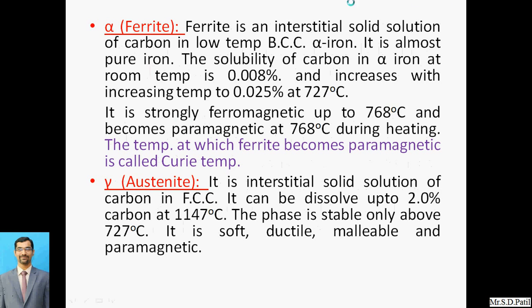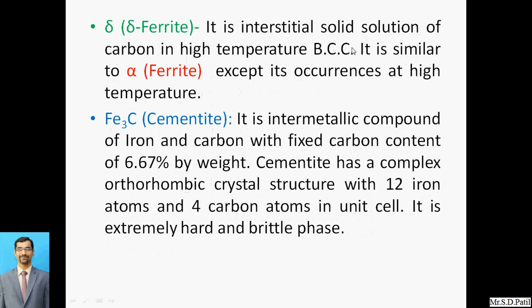Just see, in the alpha ferrite the structure is BCC, in the austenite the structure is FCC, and then it changes again into BCC. So it is the interstitial solid solution of carbon in high temperature BCC, and it is very similar to alpha ferrite because the structure is the same, BCC, except for its occurrence at high temperature.